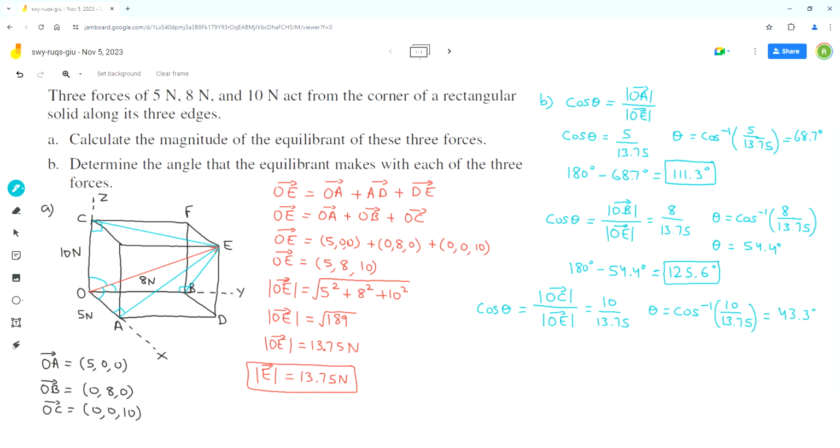So we should subtract 43.3 from 180 degrees. So I got 136.7 degrees. So this should be the final answer for the angle between the equilibrant and the force acting along the edge OC. So these are the steps you have to keep in mind to solve a problem like this one.